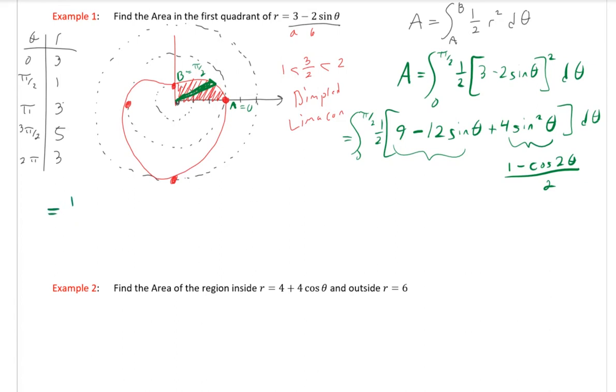If I pull the 1/2 out, from 0 to pi halves, we have 9 minus 12 sine theta plus 4 times 1/2 is plus 2. Plus 4 times negative cosine 2 theta over 2 will give you minus 2 cosine 2 theta d theta. And we could just combine that 2 and 9 to make 11.